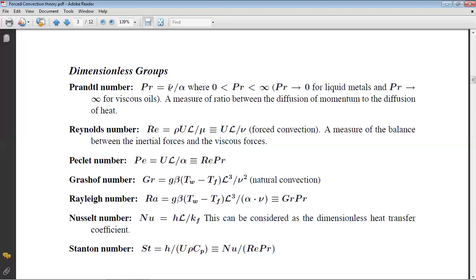Next is the Stanton number, which is a function of Nusselt number and Peclet number. The Stanton number can be written as Nusselt number upon Peclet number, where Peclet number is the product of Reynolds number and Prandtl number.